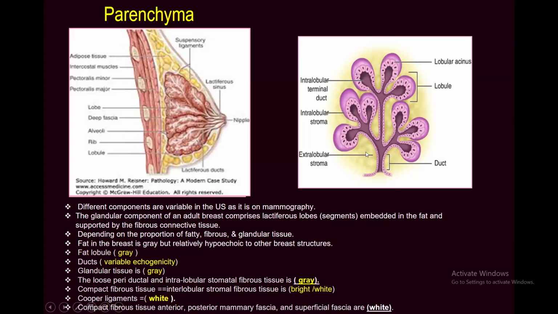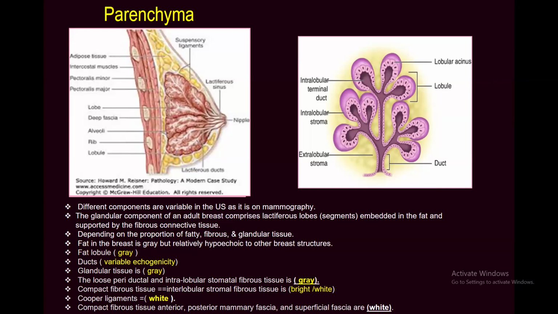Compact stroma, representing the perilobular and mammary fascia and suspensory ligaments, are all bright or white, and the fat is gray. So the combination of these structures gives a heterogeneity of the breast parenchyma on ultrasound.